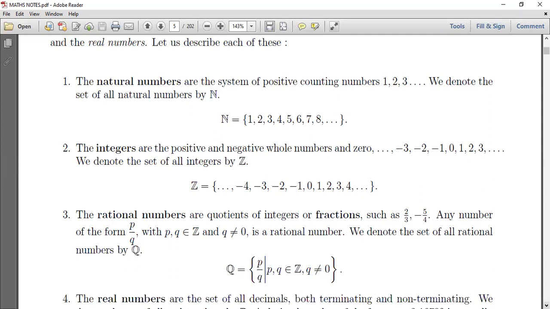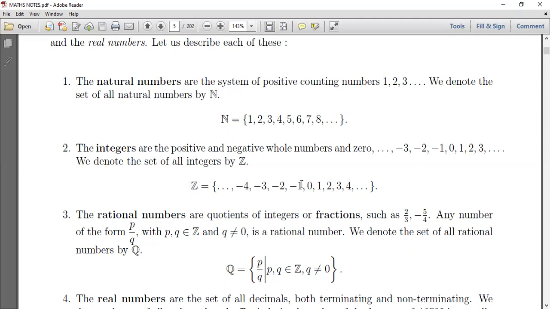So integers start from negative infinity, then come down to -10, -9, -8, -7, -3, -2, -1. Then we have 0. Then we start to say +1, 2, 3, 4, going upwards up to positive infinity. And integers are denoted by a capital letter Z. Okay. So integers start from negative infinity up to positive infinity.